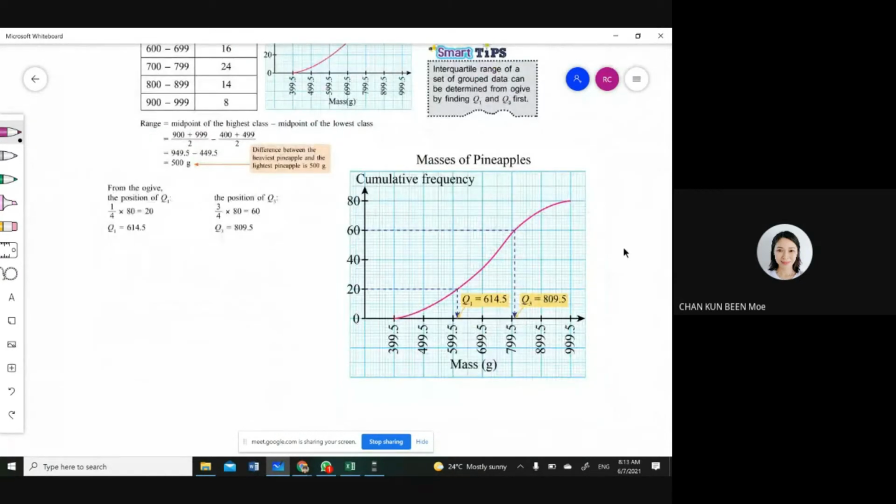To get the interquartile range, it is equal to the third quartile minus the first quartile, just like what you learned before. 809.5 minus 614.5.